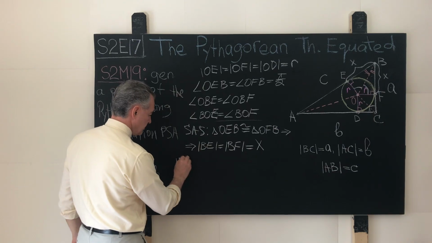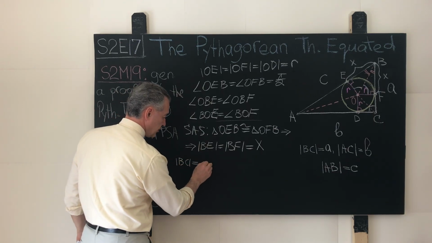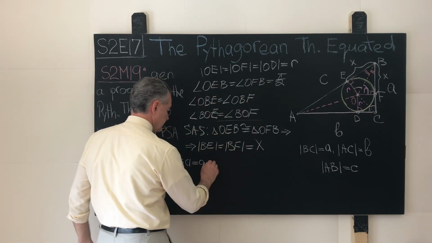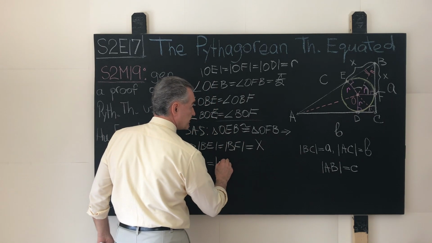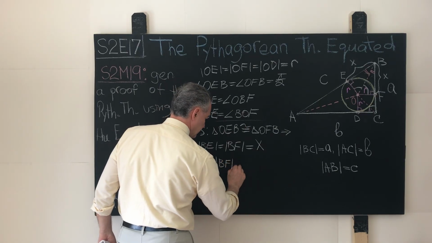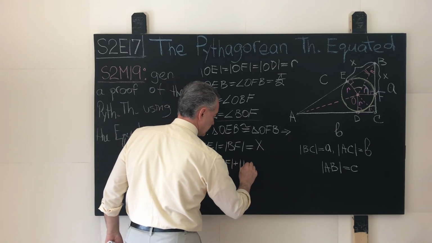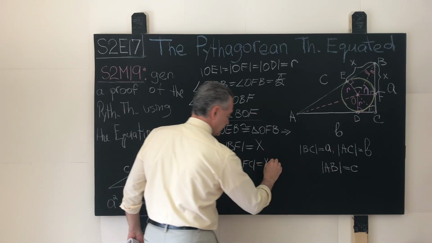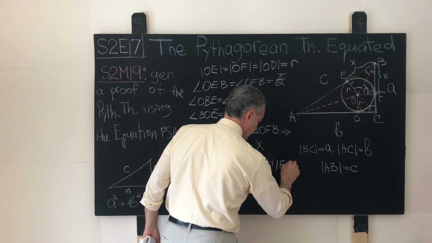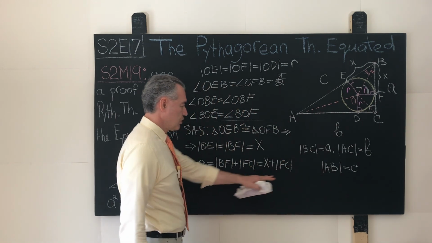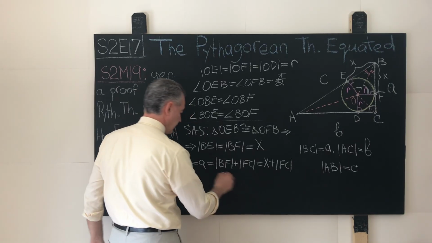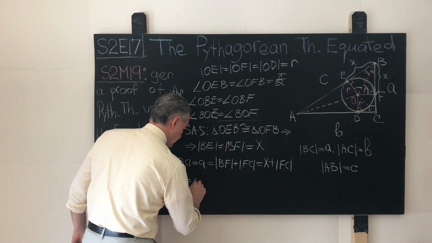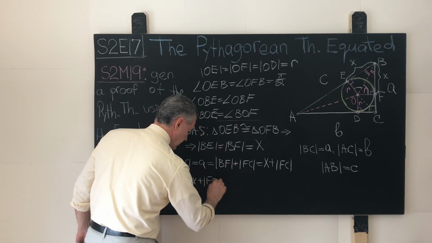The length BC, which is equal to A in our designations, is the length of the line segment BF plus the length of the line segment FC, and in our designations, that is X plus the length of the line segment FC. We will work with this entity over here. We write it down as follows: A equals X plus FC.